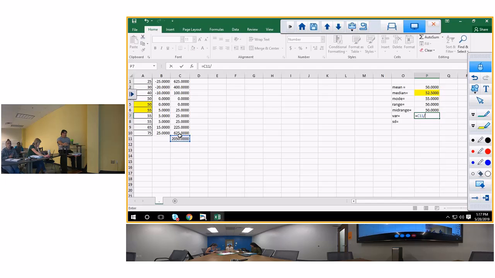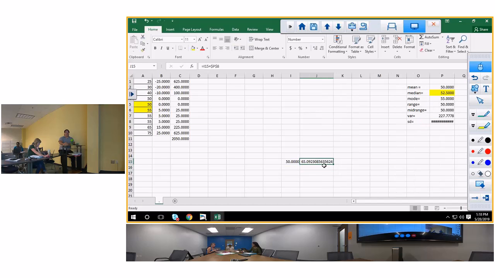Divided by 9. That's equal to this number raised to the 0.5 power. Okay, I'll try this again. Take that number and put it right there, equals this number plus that number, and F4.